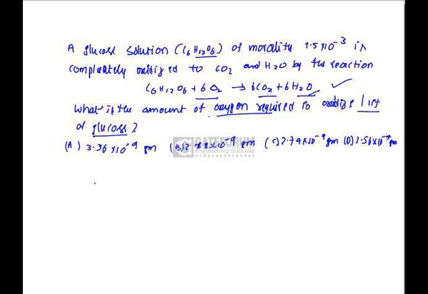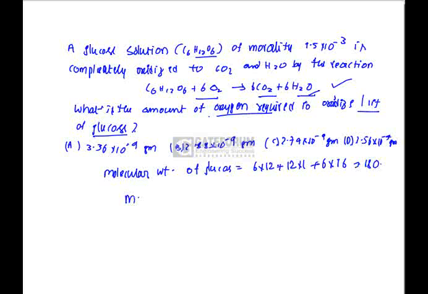So we know the molecular weight of glucose is equal to 6 into carbon 12 plus 12 into hydrogen 1 plus 6 into oxygen 16, that is equal to 180 grams.